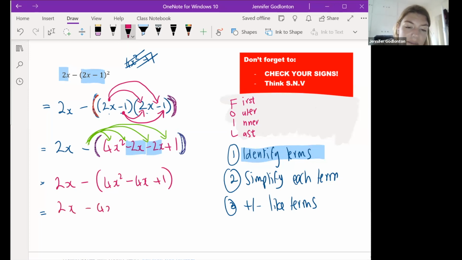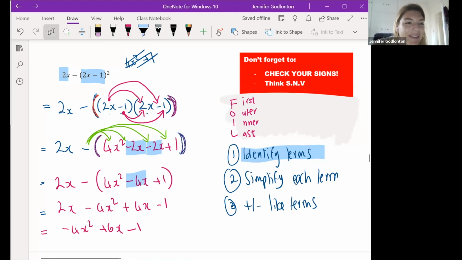So 2x minus 4x squared plus 4x minus 1. And then we would land up with negative 4x squared plus 6x minus 1. Okay, thank you, ma'am. Okay, no problem. Anyone else have any questions about this before we move on to the next one? Let me know if you do. All good.